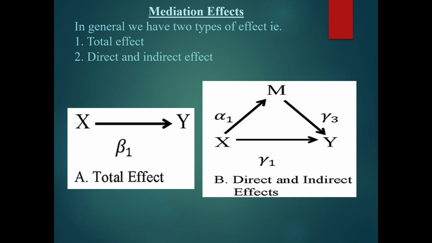And the next one is the direct and indirect effect. The relationship from X to M and M to Y is called the indirect effect, and the relationship between X and Y in the presence of the mediator, that is gamma 1, represents the direct effect.